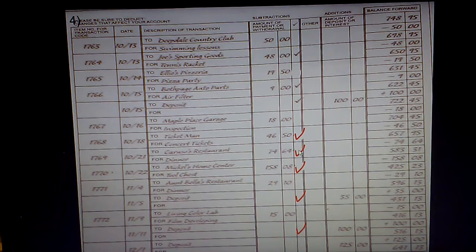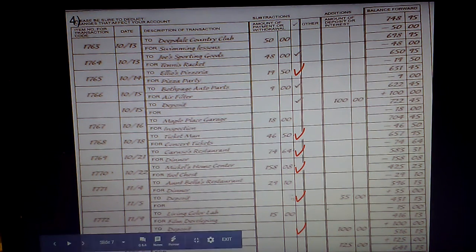Our last thing on the statement is a withdrawal, check 1765 for $19.50. That's all the way up here at the top, 1765, $19.50. It's a check mark. Now remember, we want to pay attention to things without check marks. So we got the 50 withdrawal here, 18 withdrawal here, 29.10 withdrawal here, 15 withdrawal here, and $125 deposit.